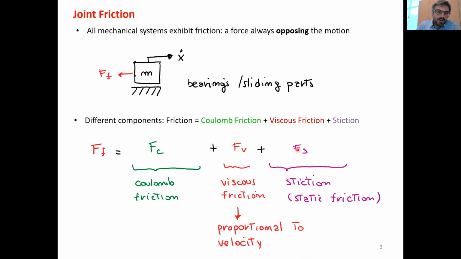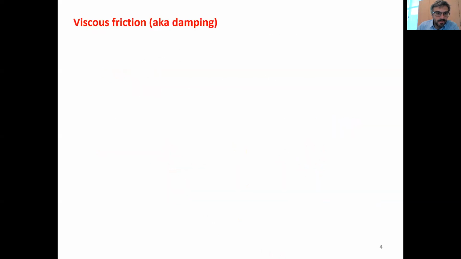While the stiction happens when there is no motion, the Coulomb friction happens when there is motion, but is a constant value. The viscous friction is also called damping. It's proportional to the velocity through the damping coefficient, normally called b, lowercase b.